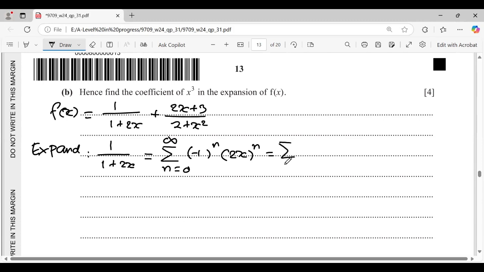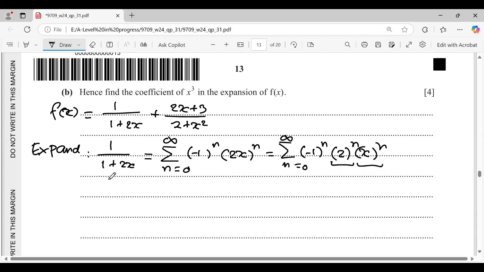It becomes sigma n equals 0 to infinity, minus 1 power n, 2 power n, and x power n. So the coefficients of x cubed we can determine if n equal 3. If n equal 3, this is 2 cubed, because this is x cubed as well.